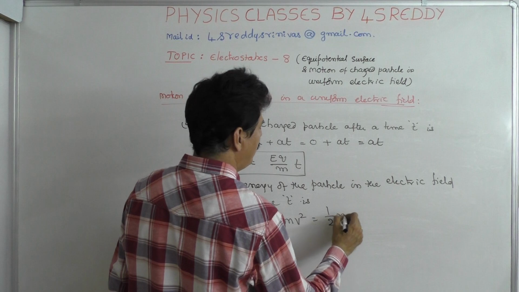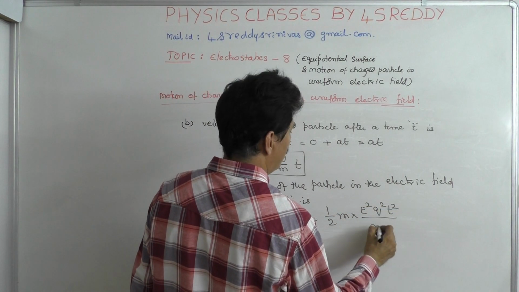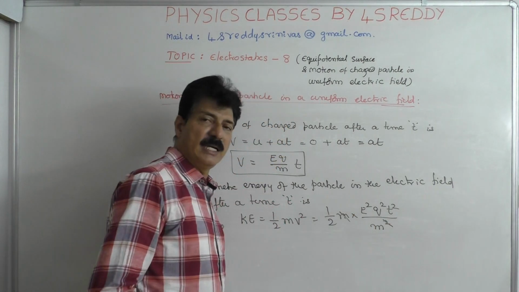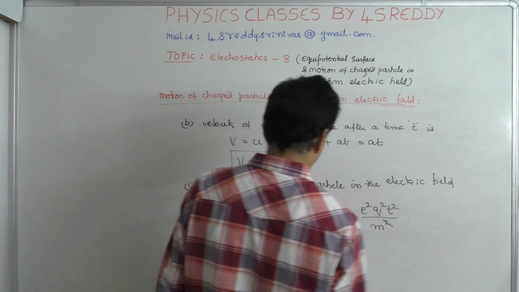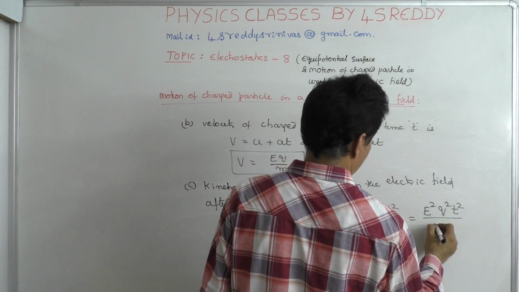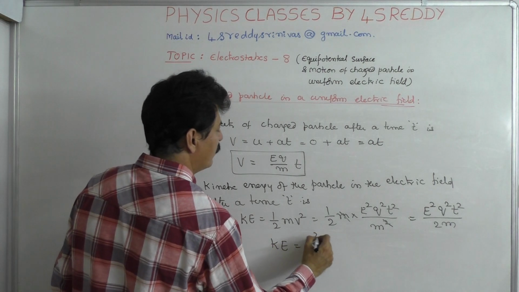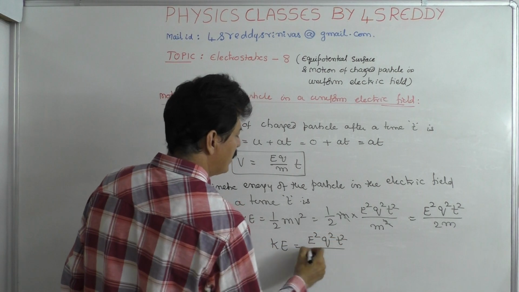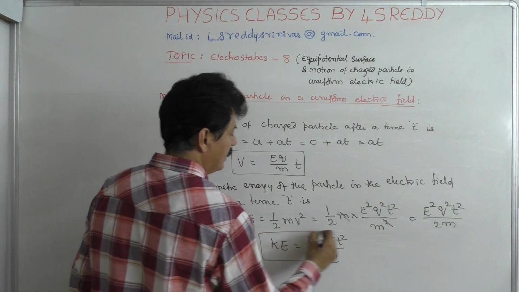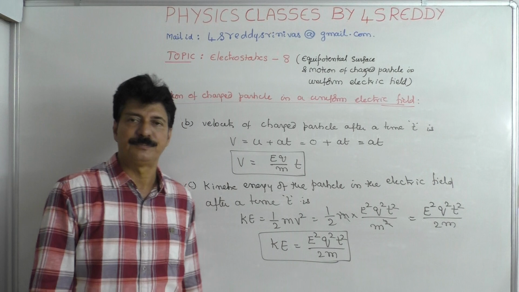That is half m into E square, Q square, T square by m square. These two get cancelled. Therefore, it is simply E square, Q square, T square by 2m. Directly we can calculate using this formula.